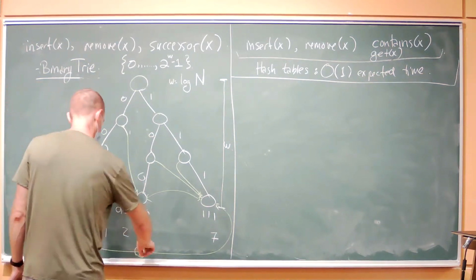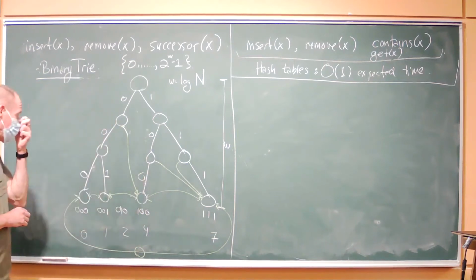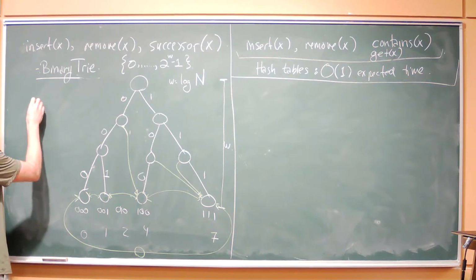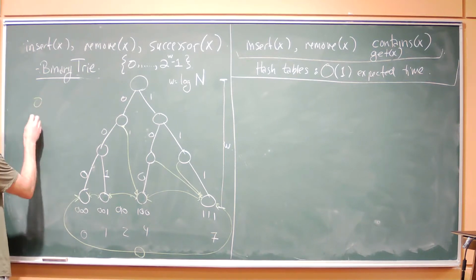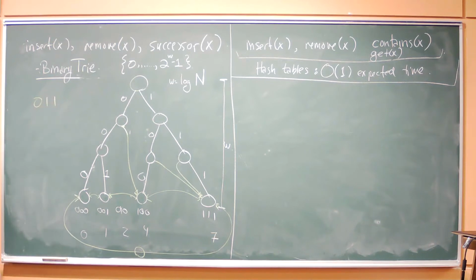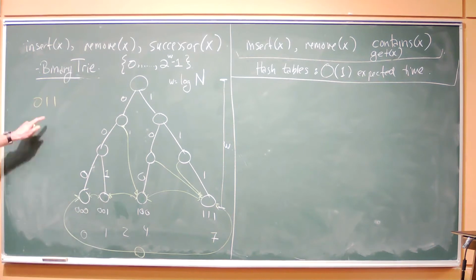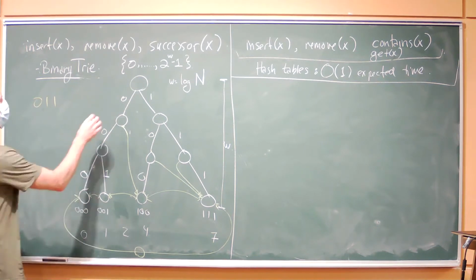And how do we search in a binary trie? Well, we have some number we want to look for. Let's say we want to look for 011. So we start at the root.